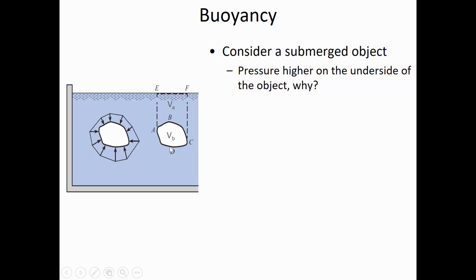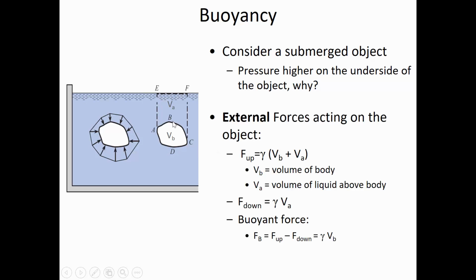So the same thing here is you can find the volume of that, and the external forces that are acting on the object are going to be the buoyant forces, the difference between the forces that are pushing up and the forces that are pushing down. So this equation that I'm showing is the forces that are pushing up are dependent on the volume of the object and the volume above the object.